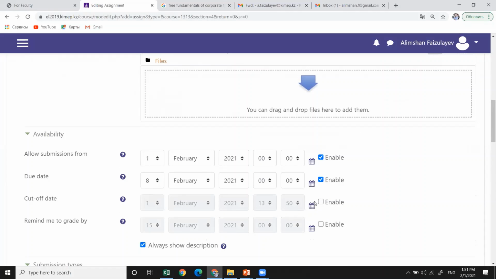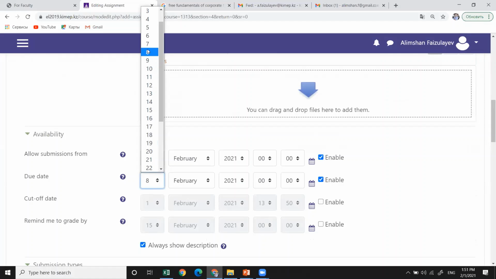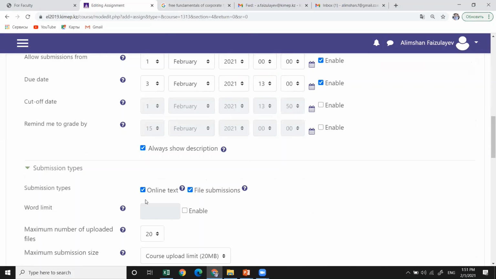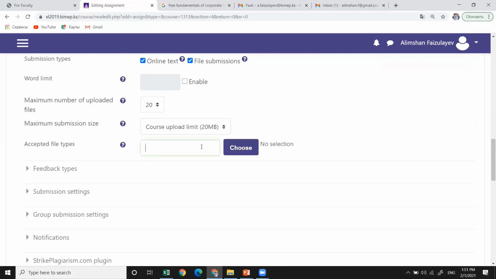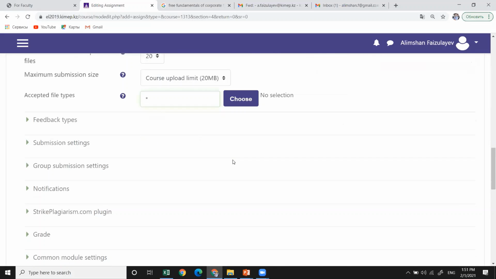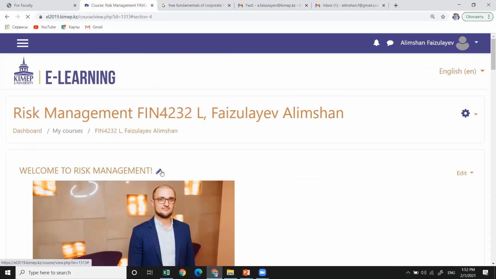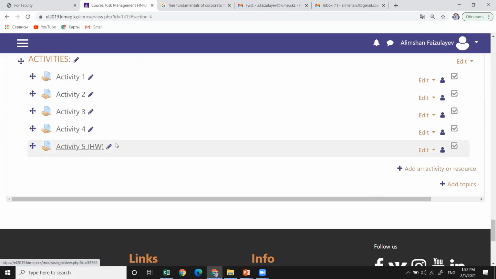The timing: I'll put it from the 5th to the 3rd of February, ending at 13:00. Online file uploads are accepted, all types. That's it, so it's available. You can do it.